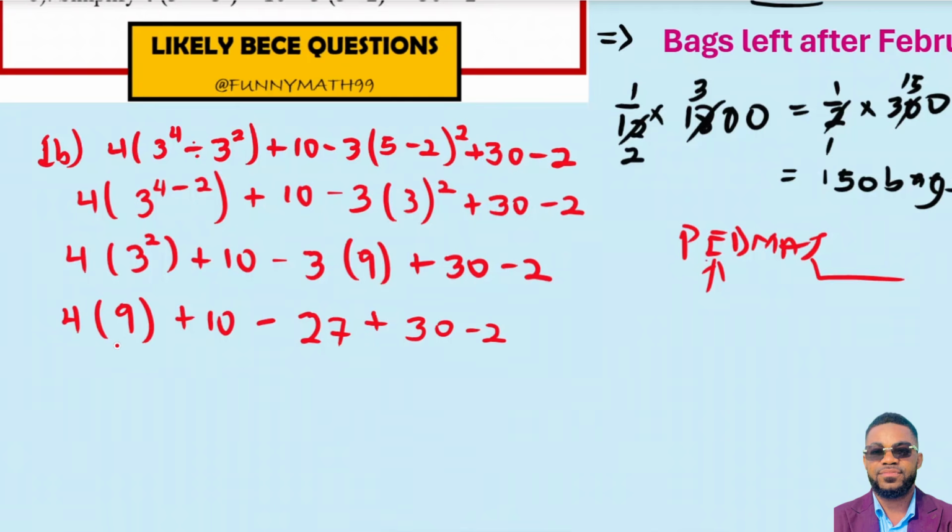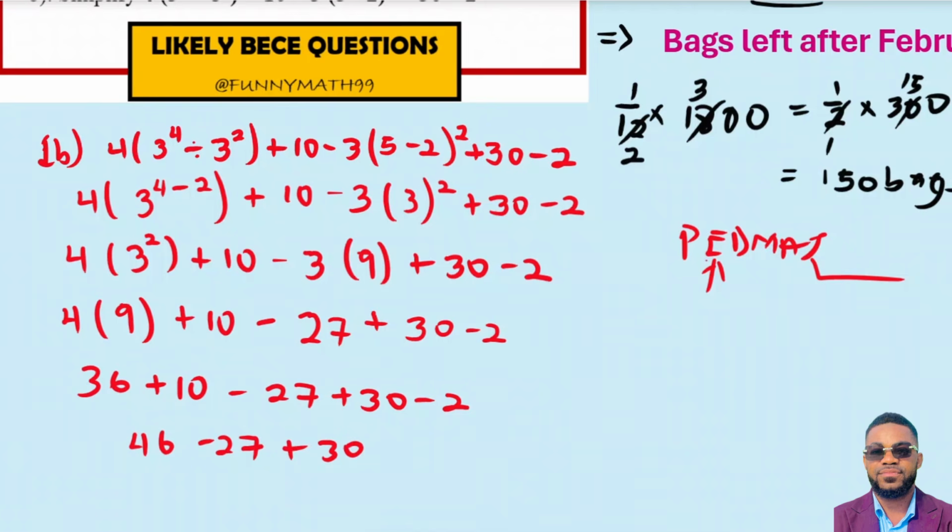Let me multiply these two too. So 4 times 9, that's going to be 36 plus 10 minus 27 plus 30 minus 2. So for addition and subtraction, we just start from the left, then we simplify. So it's going to be 36 plus 10, and that's going to be 46. So you have 46 minus 27 plus 30 minus 2.